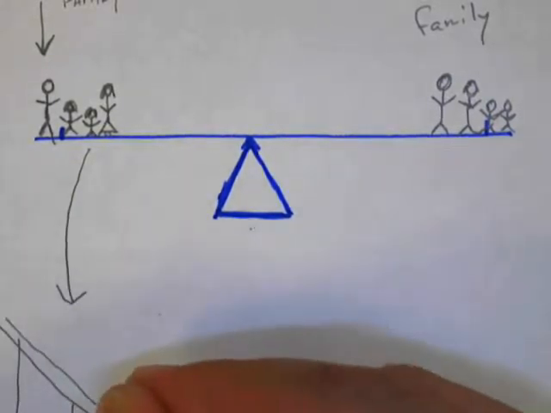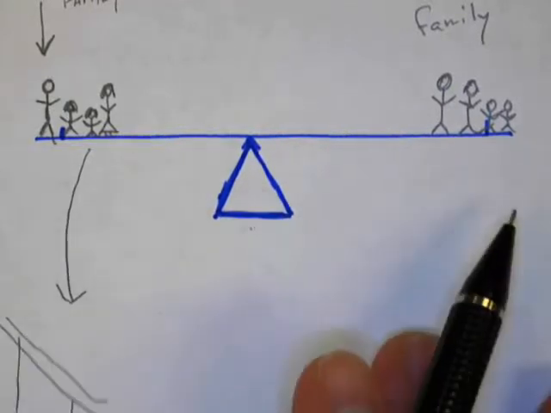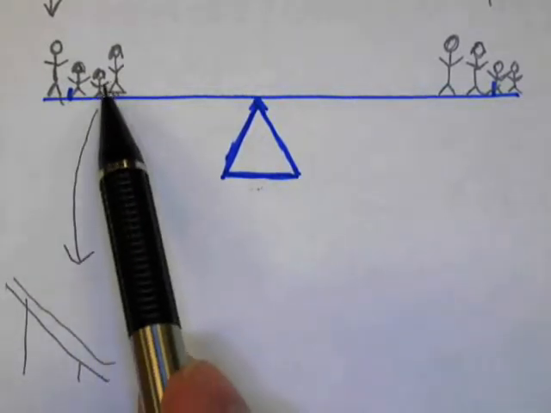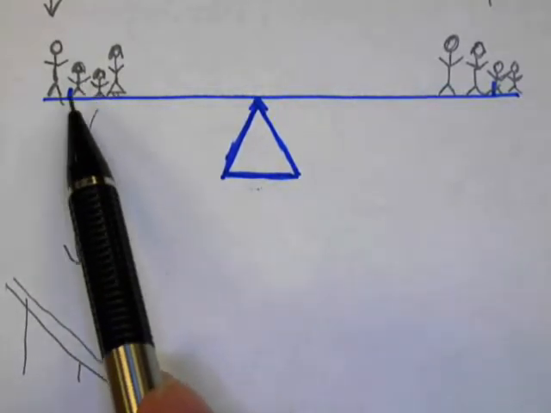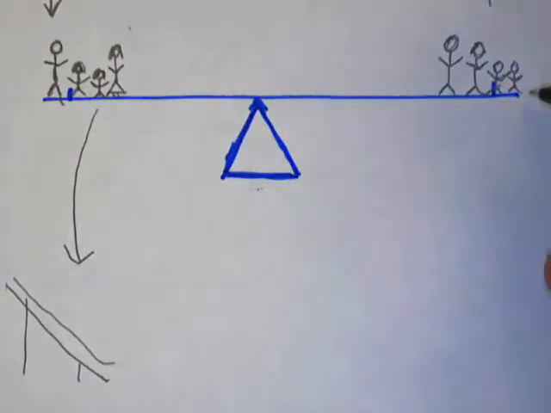Obviously, what would happen to this teeter-totter is my side would instantly go way up, because we just lost one. We would fly up, probably lose our balance, and probably fall off. But my brother's side would come way down.